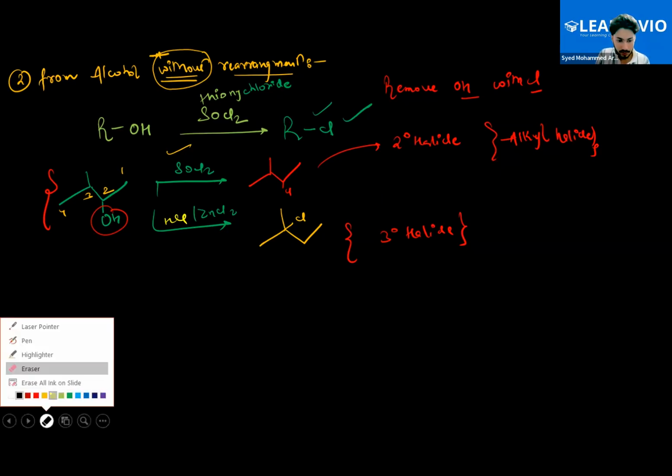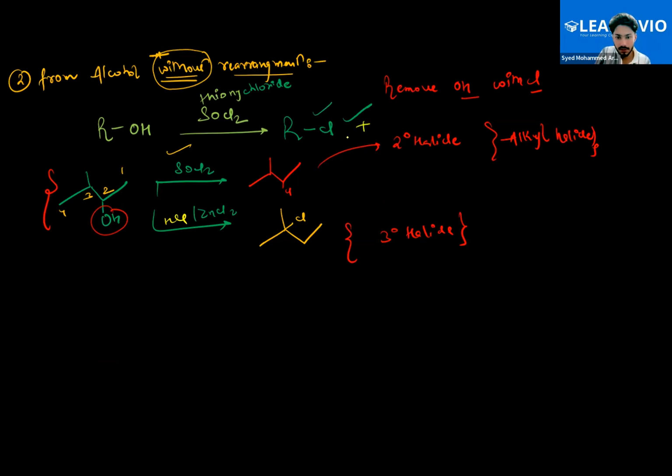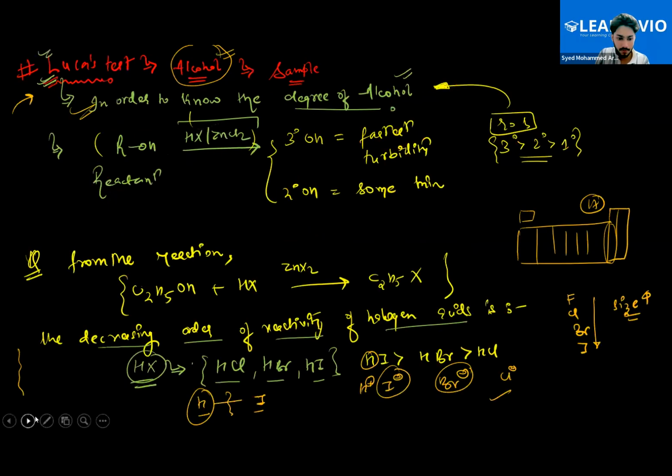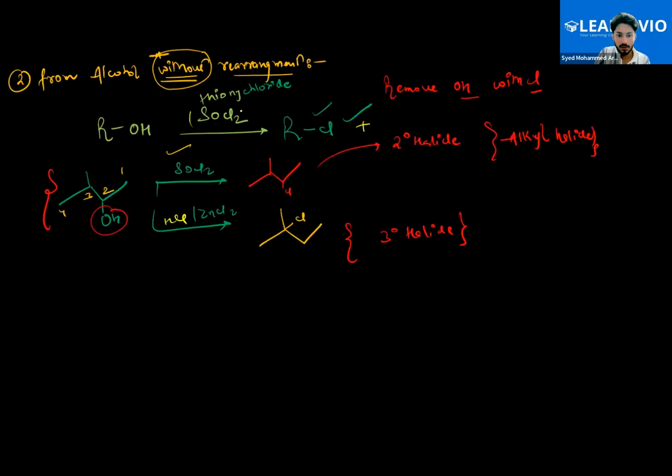There is another thing. There are some byproducts also. So if you perform this reaction of this alcohol with thionyl chloride, RCl will form with SO2 gas and HCl gas.